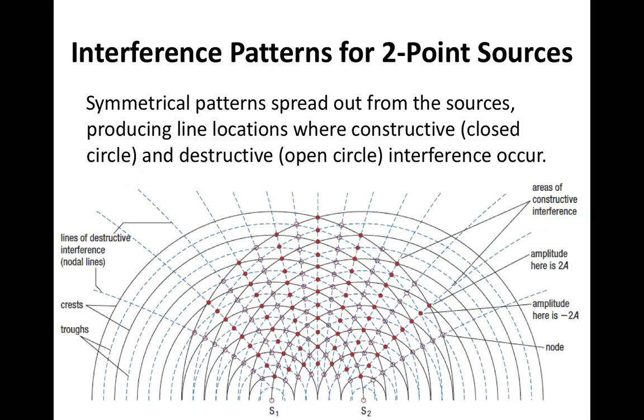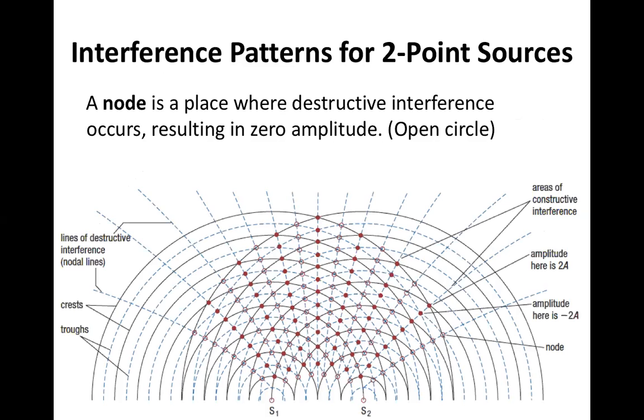So these lines are symmetrical. So these patterns spread out from the sources, producing these line locations where there's constructive or destructive interference. And a node is a place where destructive interference occurs. That's when the crest of +1 is adding to the trough of -1 and giving you zero amplitude.